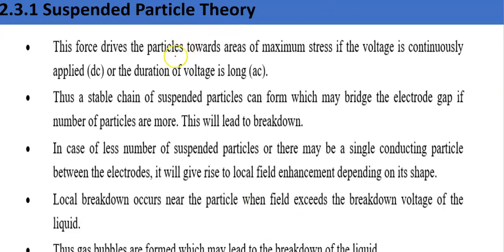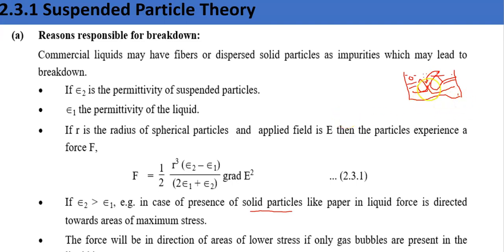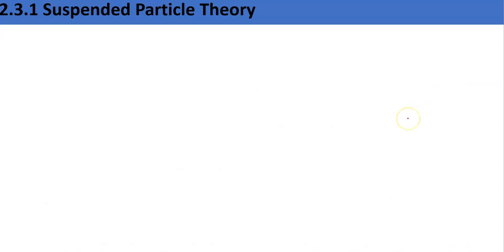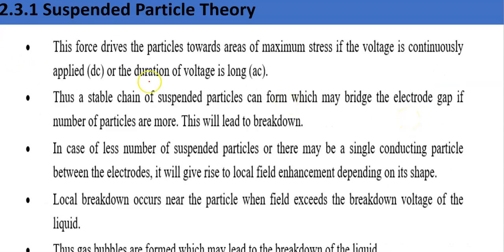Now this force drives the particle towards areas of maximum stress if the voltage is continuously applied, DC, or the duration of the voltage is long, AC. Our general practice is we are continuously varying the voltage, so slowly all these particles will be driven into the area of maximum stress, between the electrodes.